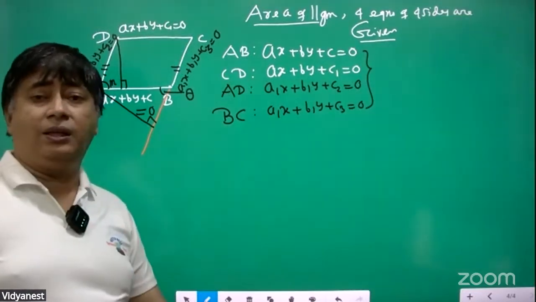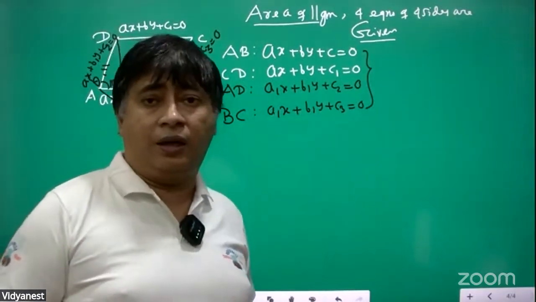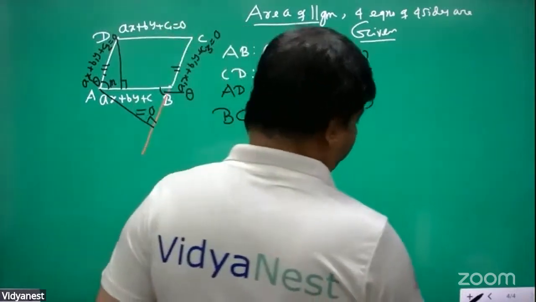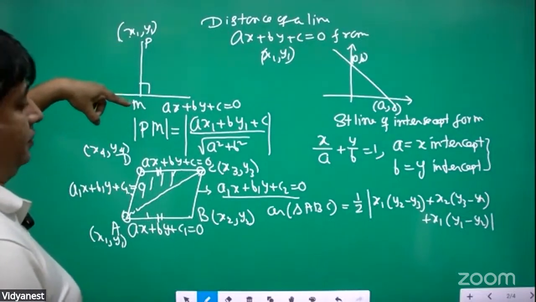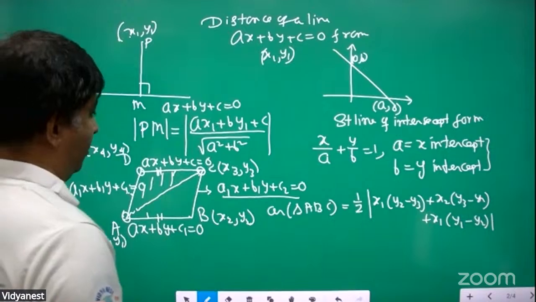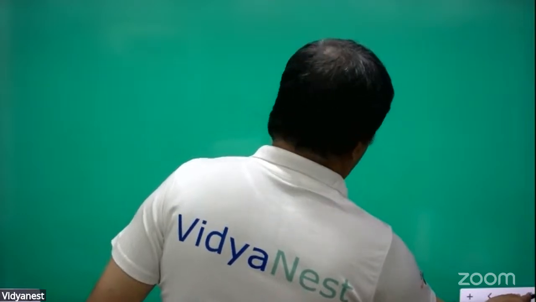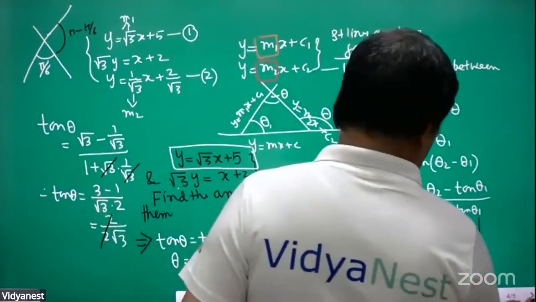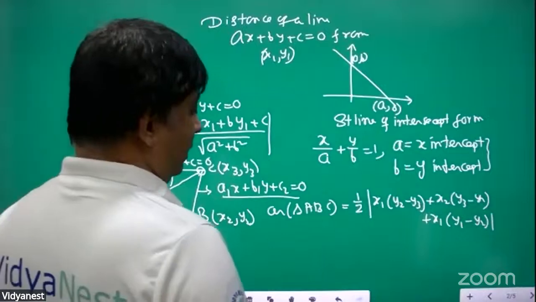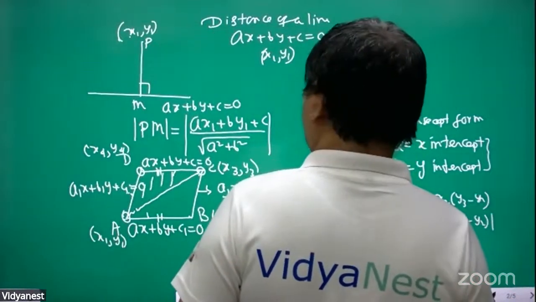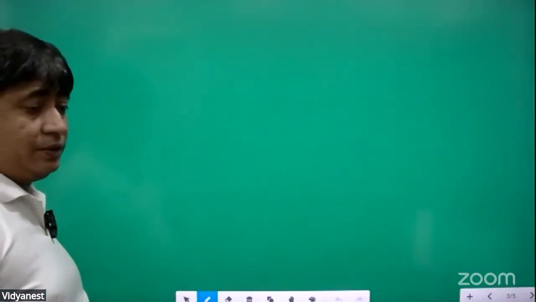Now, one thing you have to memorize, which we missed out at the time of discussion. You got the distance between a line and a point, that is a perpendicular distance. Here I left one empty space.